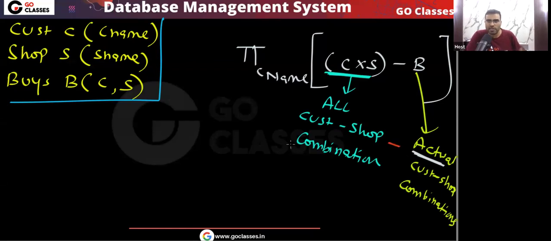From all combinations, if you remove actual combinations, what will you get? Let me know.